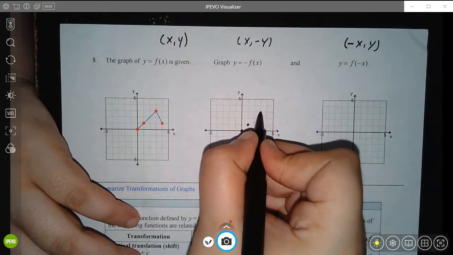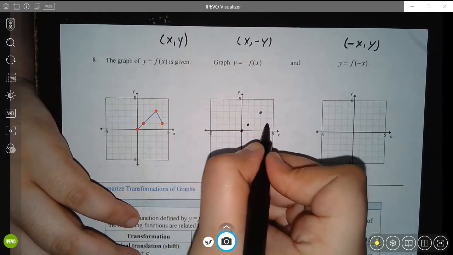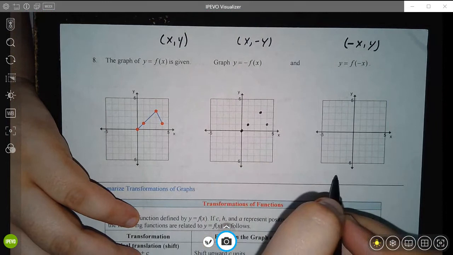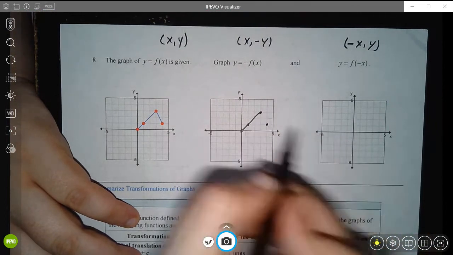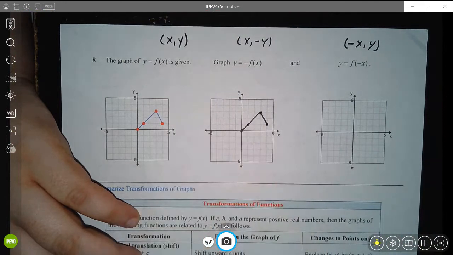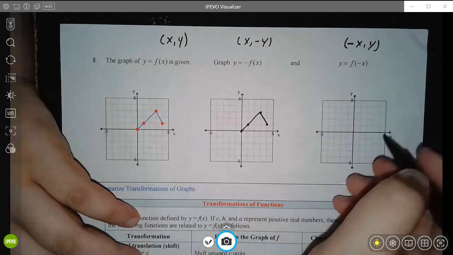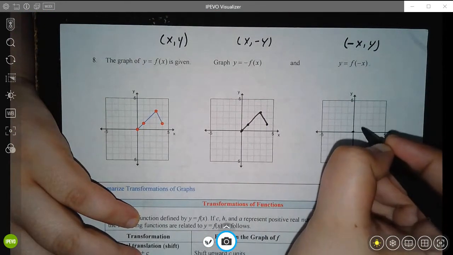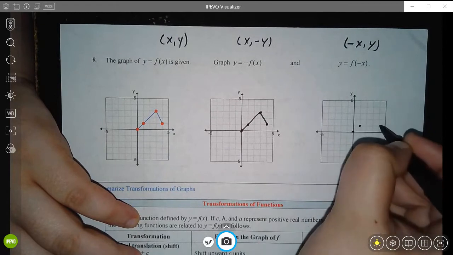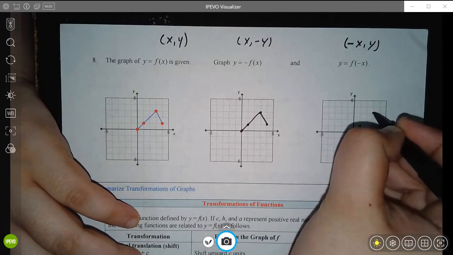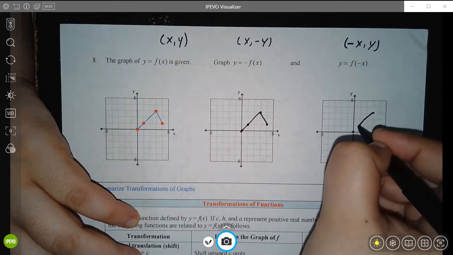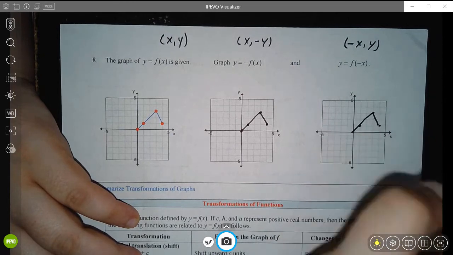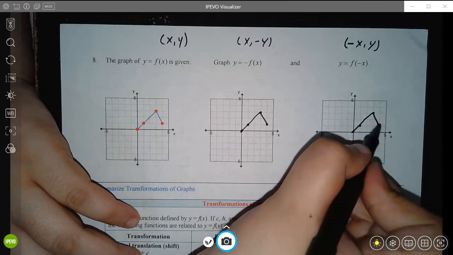And then we have 1 and 4, like this. That's my function. Repeat the process. And then 3 and 3, right here.